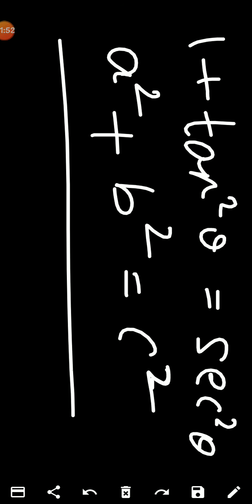That's why this identity is called a Pythagorean identity. It is mainly based on the Pythagoras theorem, which is a square plus b square is equal to c square. But how do we prove this as a base of trigonometry? That's what we'll see in this video.